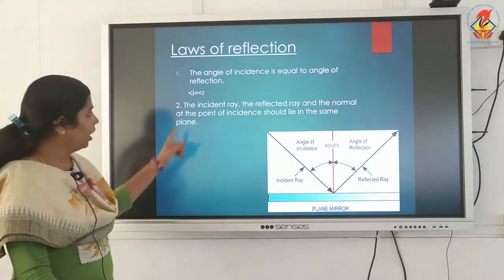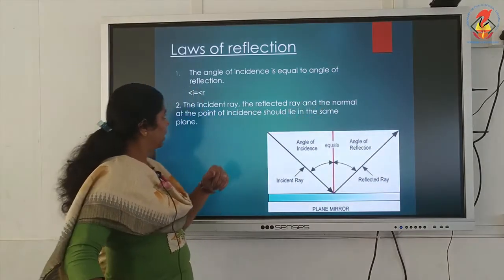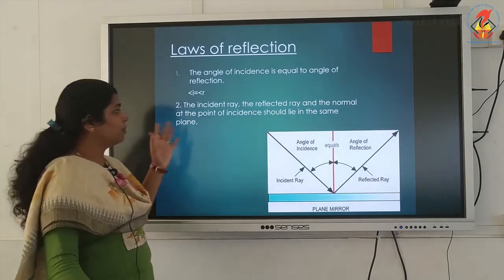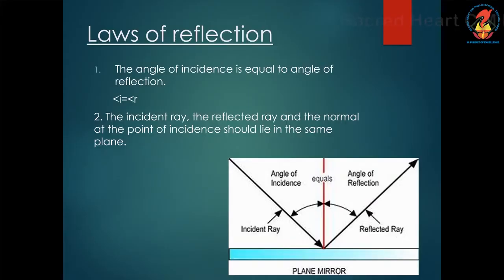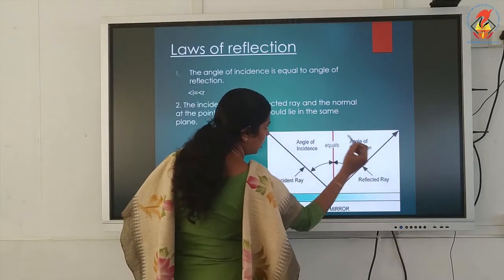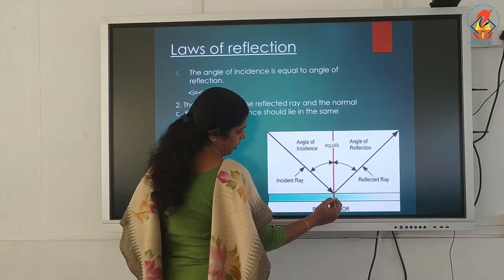Second one, the incident ray, the reflected ray and the normal at the point of incidence should lie in the same plane. This is the incident ray, this is the reflected ray, and that is the normal at the point of incidence.